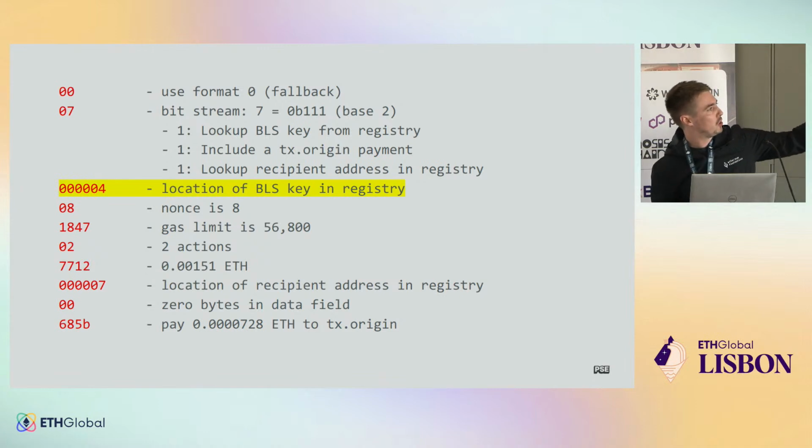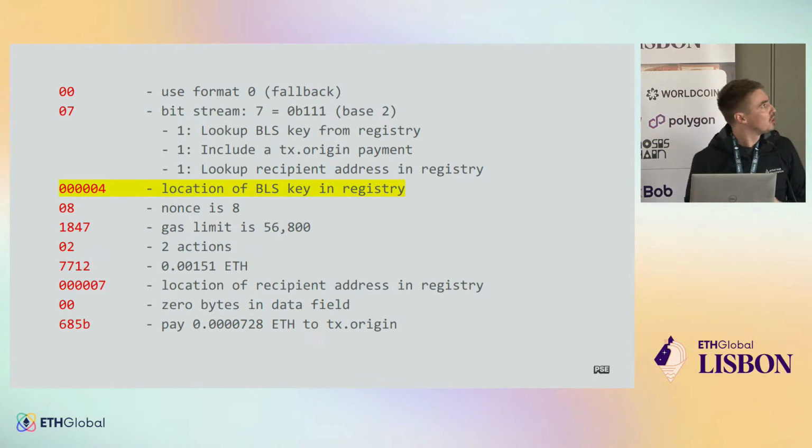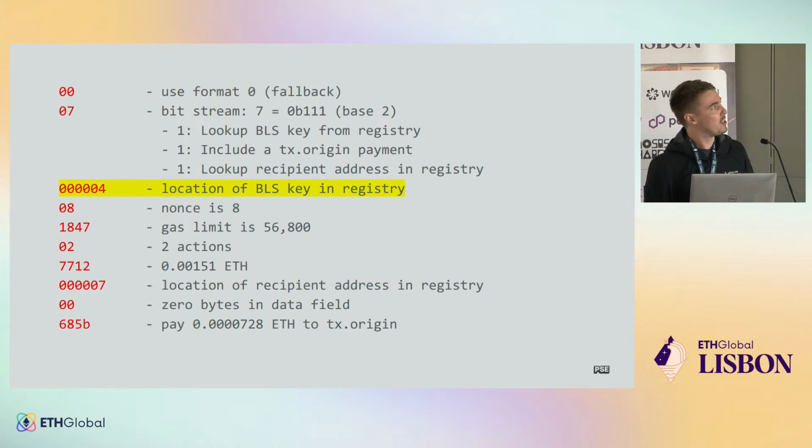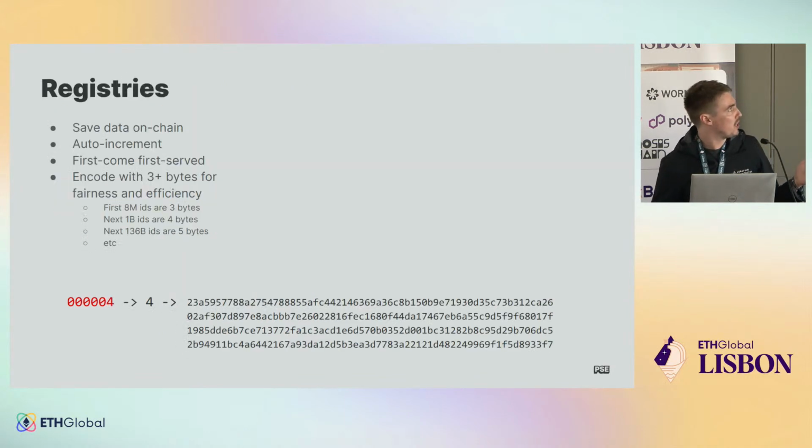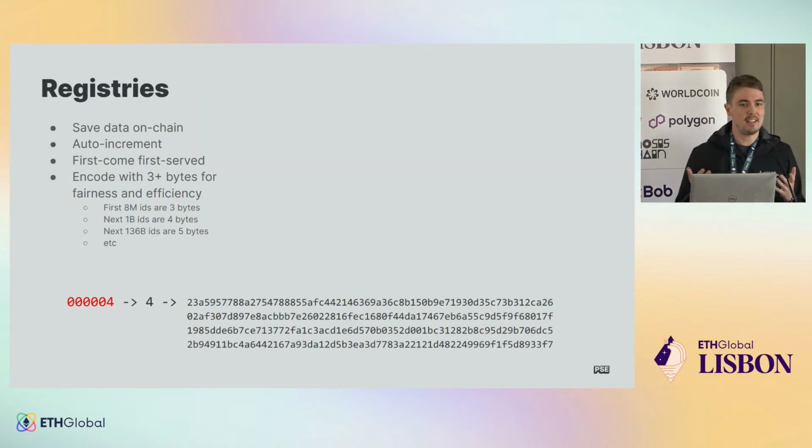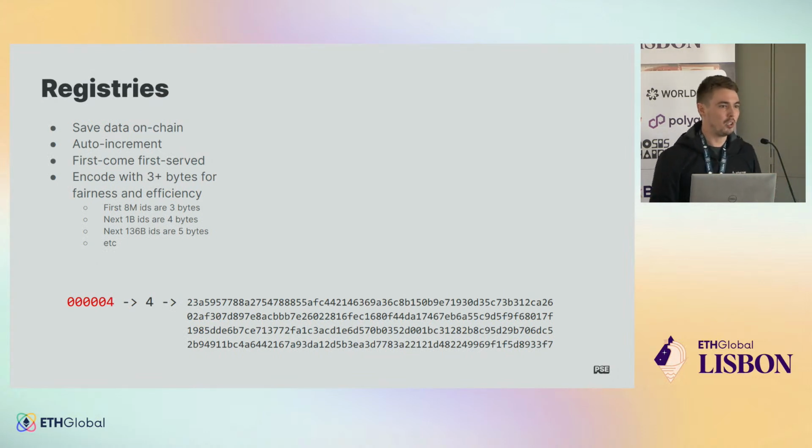Secondly, I'll draw your attention to this field. It's particularly special. This is representing the BLS public key of that account. And 3 bytes is not enough to represent a public key, but what we're doing instead is saving this data in a registry. The idea is that your BLS public key that we use to identify you does need to get posted onto L1 at some point.